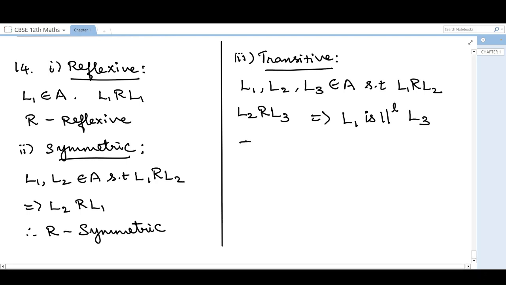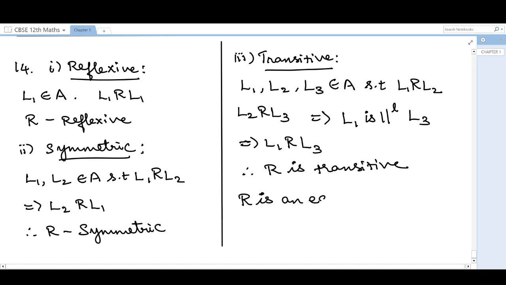So this implies L1 is related to L3. Therefore, the relation R is transitive. Since the three properties got satisfied, we can say the relation R is an equivalence relation.